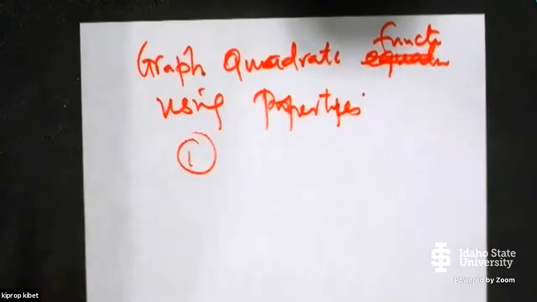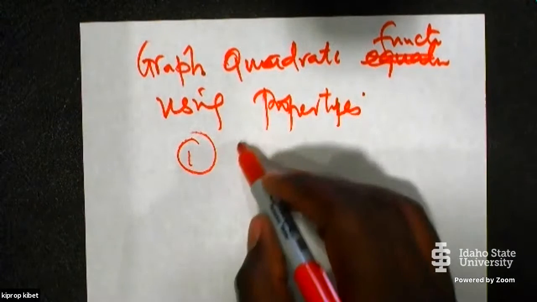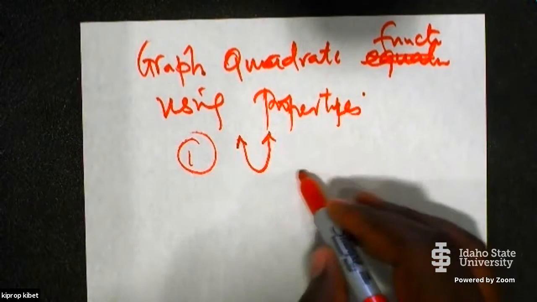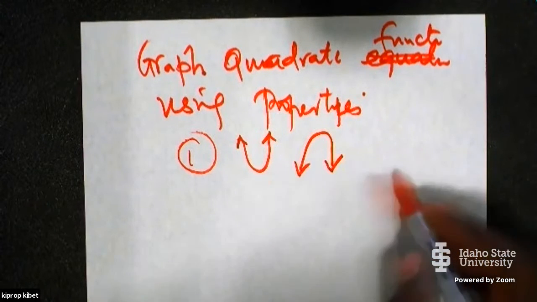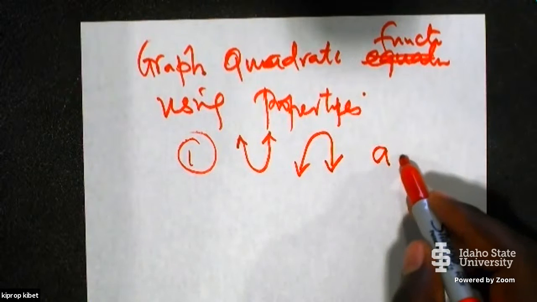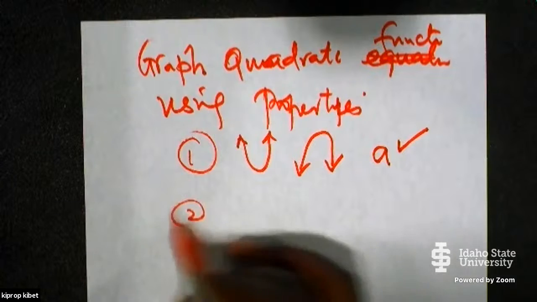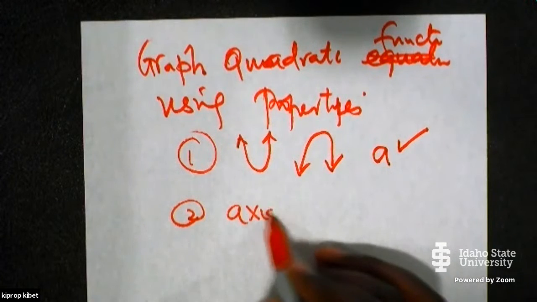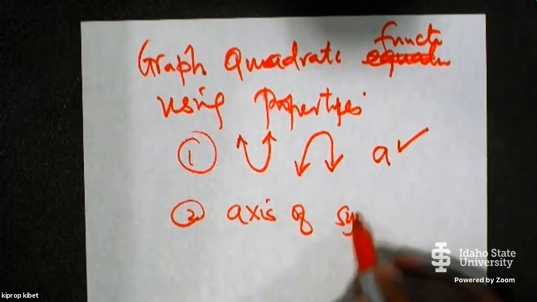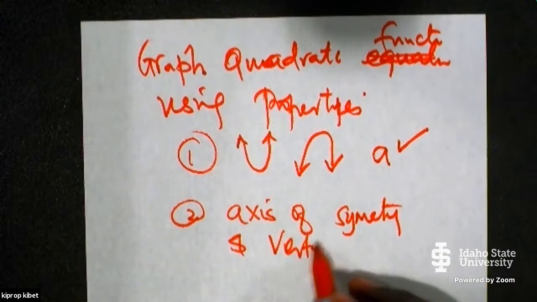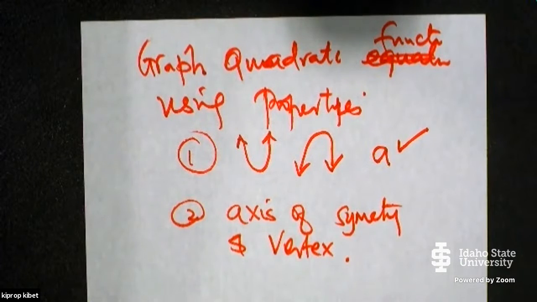First of all, you need to identify whether it is facing upwards or facing down by looking at the value of a. Okay, so that's the first step. The second one, we get the axis of symmetry and the vertex.